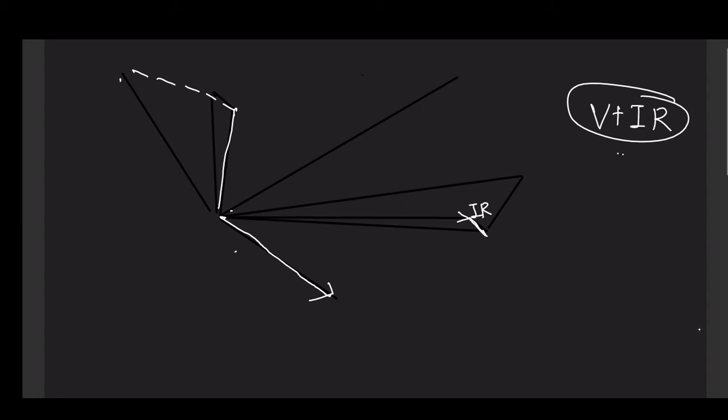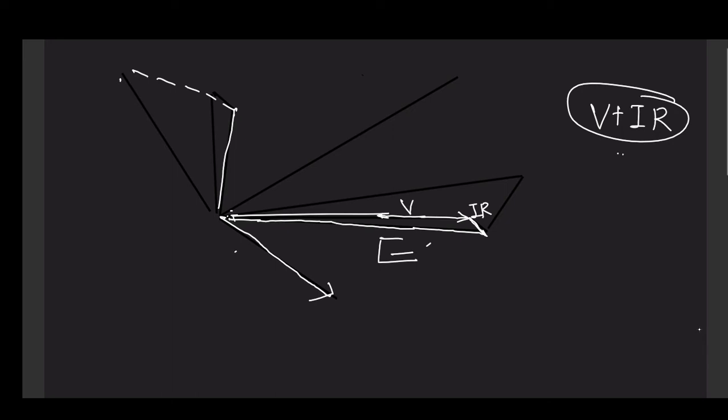Just give me a minute to draw the vector. Yeah, so this is V, this is E.